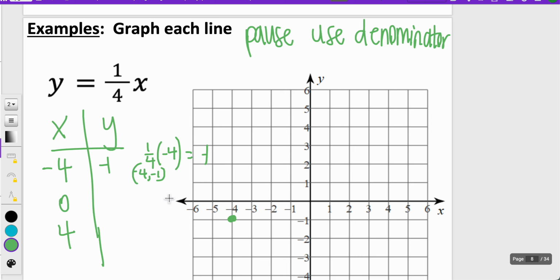Okay? If I plug in 0, I'm going to get 0, which is here. And then if I plug in a +4, I'm going to get a +1. So over 4, up 1. Connect my points, and I get a nice straight line, more spread out this time. Okay?